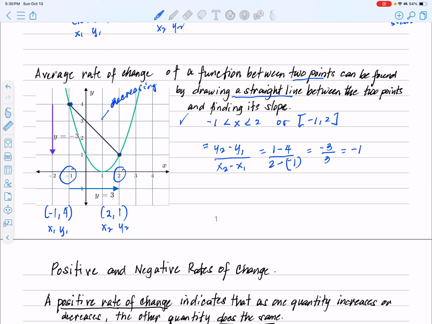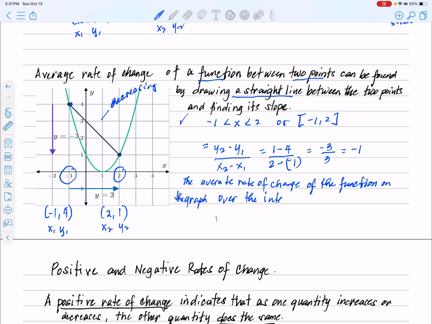So you could say the average rate of change of the function, since you are given the function on the graph, over the interval.